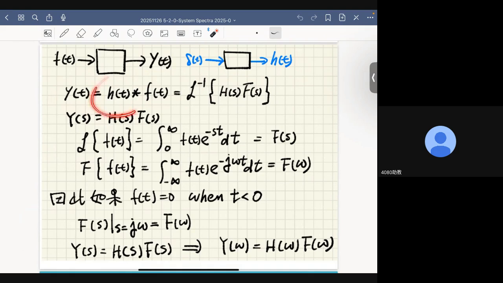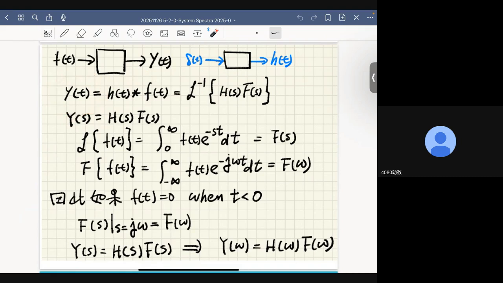That is the reason why by only using h(t) to represent the system, we can estimate, we can actually come out with the real output.